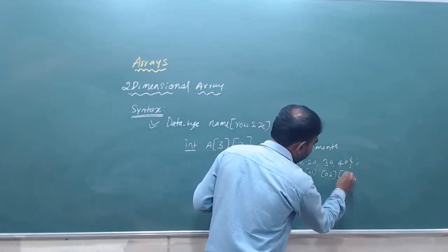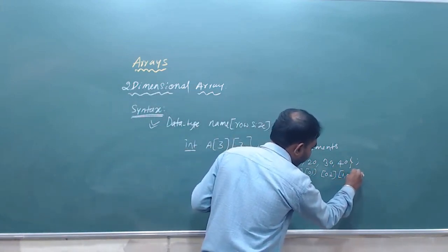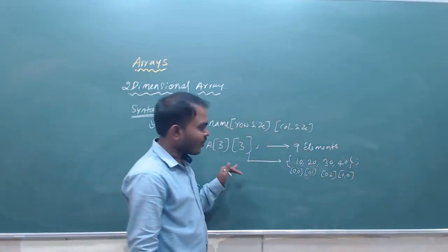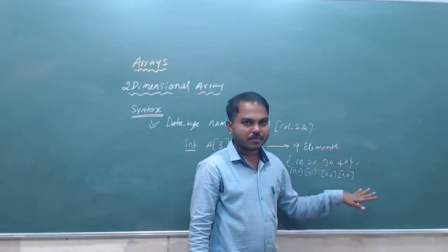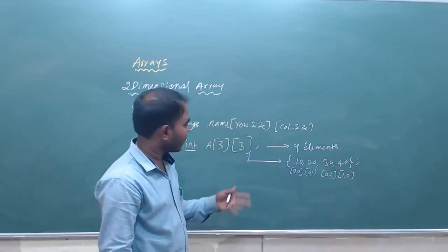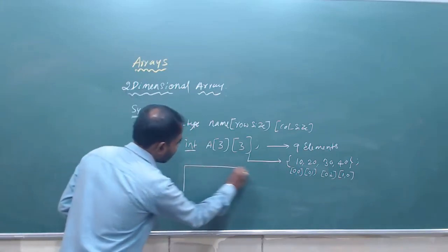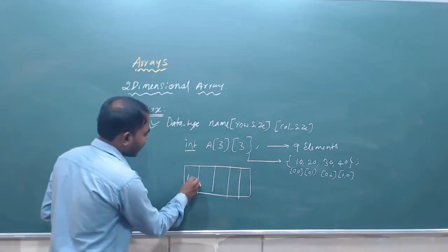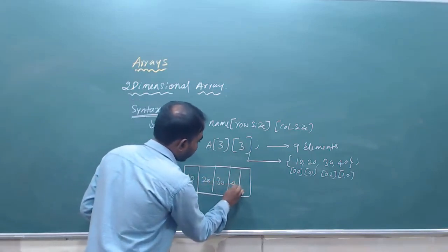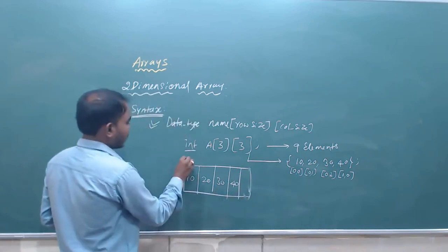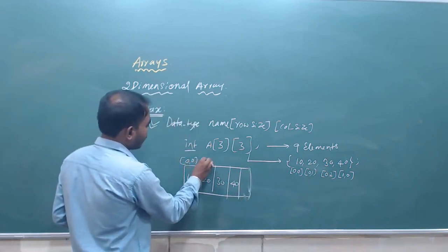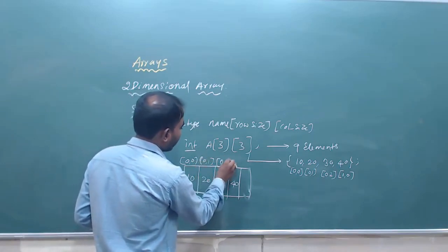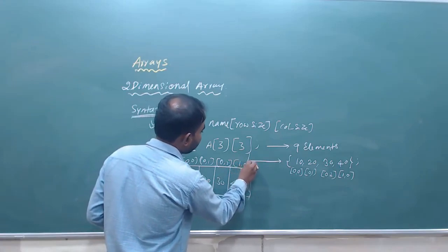So 40 will be in the second row and first column. Okay, so this is how the values are going to be stored in memory location. Right. So we can say these boxes are going to be represented in the form of memory locations: 10, 20, 30 and 40. Okay. So here we can represent 0,0, 0,1 and 0,2 and the next one is 1,0.